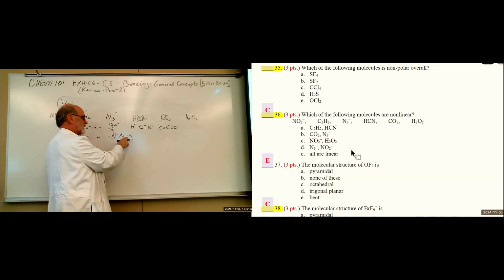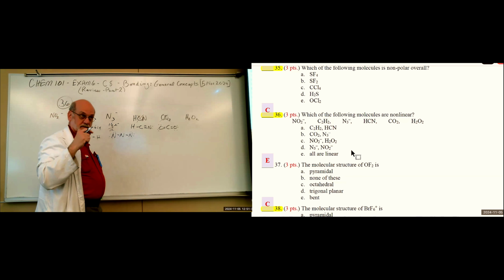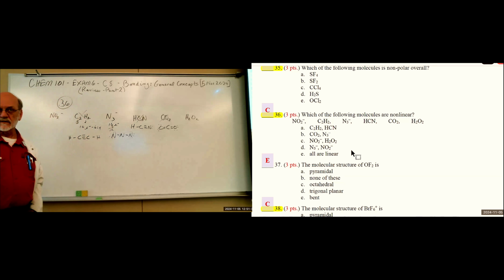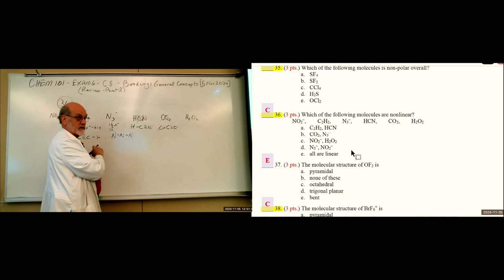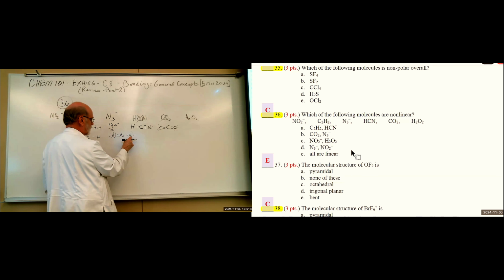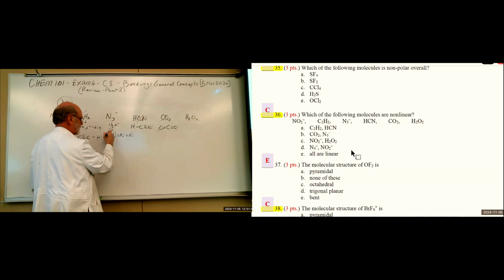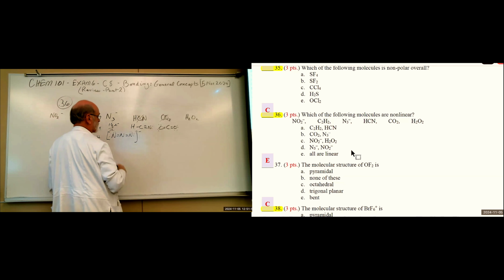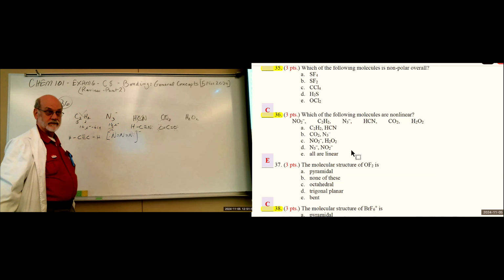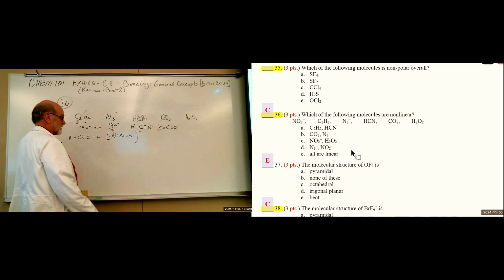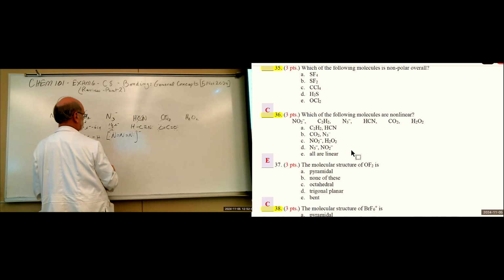Do you make a triple over here and leave that one single, or do you make a double? And the one that gives us the lowest array of formal charge is the one where we put a double on both sides. Like that. And this one has a charge. If we don't put the charge around it, then we're throwing one of those electrons out. All right, so this one's linear.